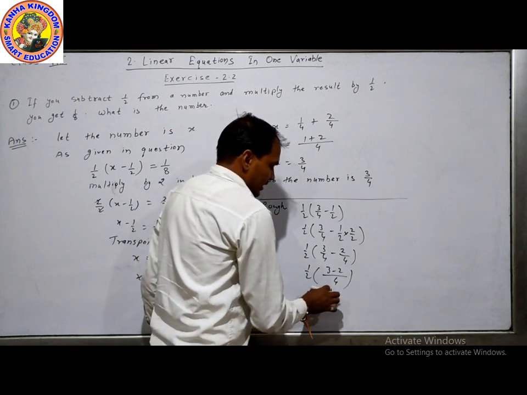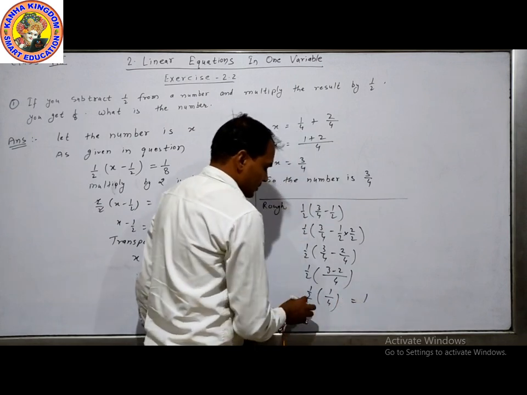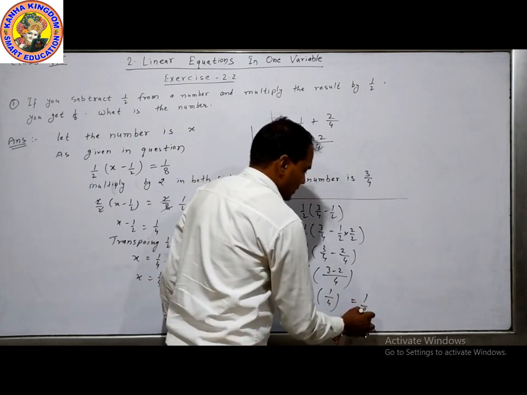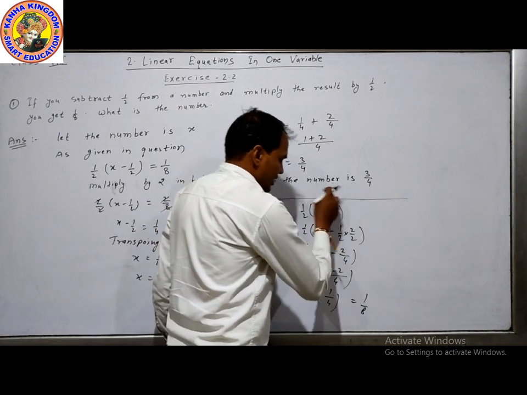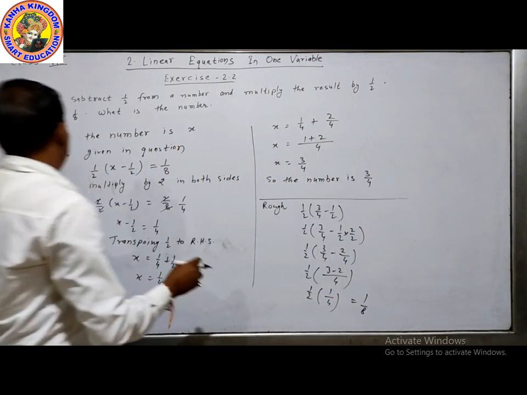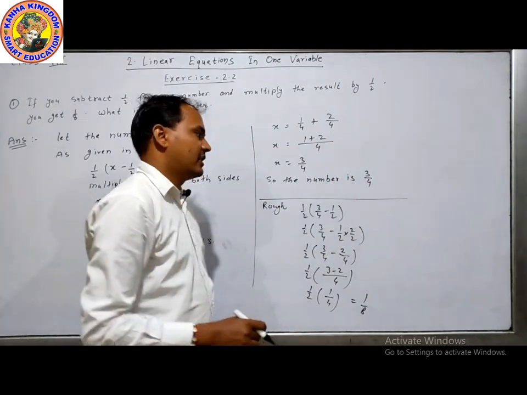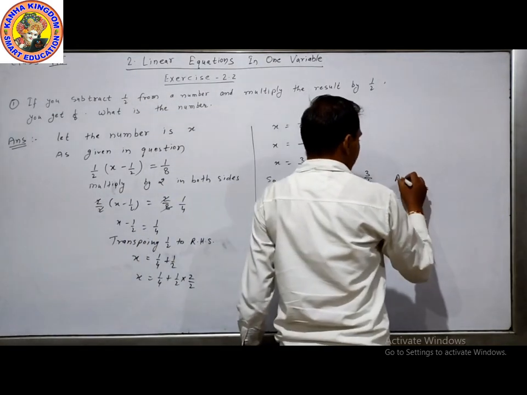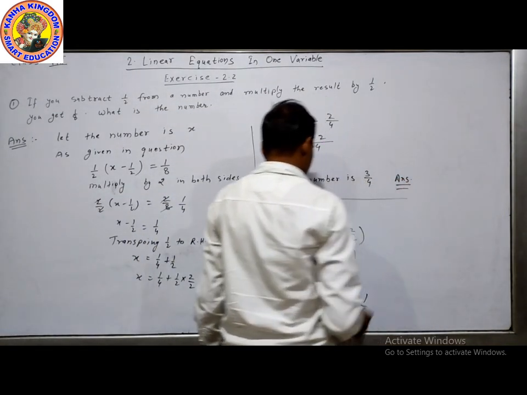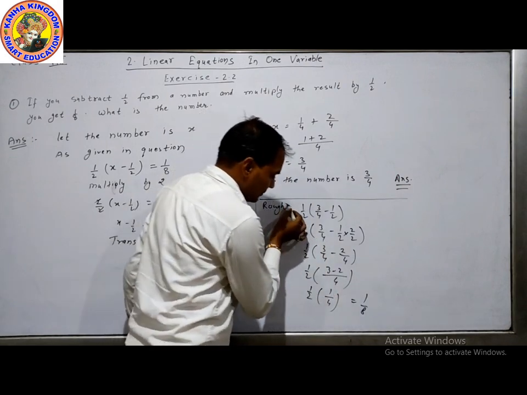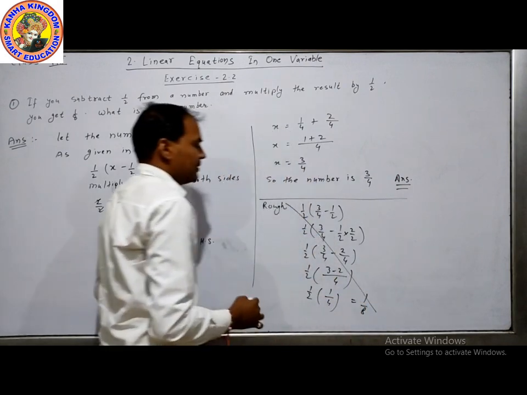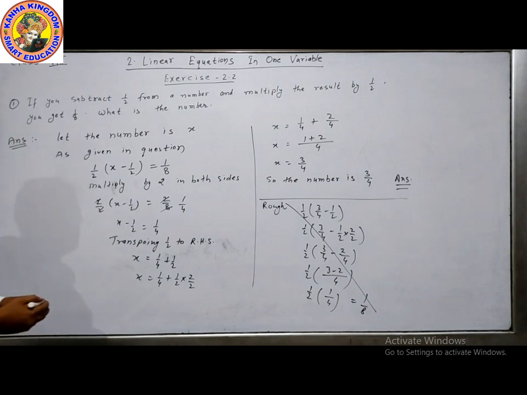Then multiply 1 by 2: 1 into 1 is 1, 2 into 4 is 8. By result we get 1 by 8. So our answer is correct. This is our final answer. This is our rough copy work for cross checking the answer.